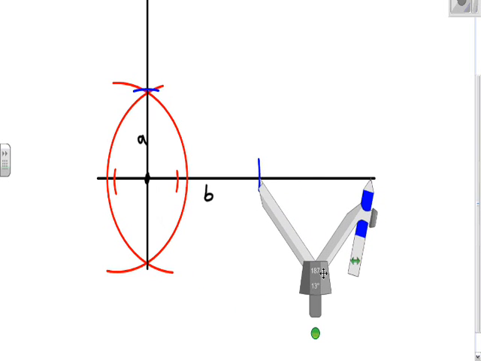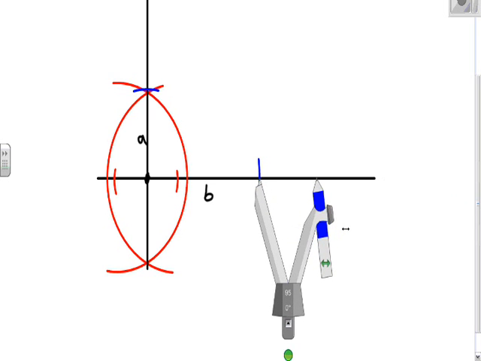Now, using that as another vertex, we are going to need to make another perpendicular here.